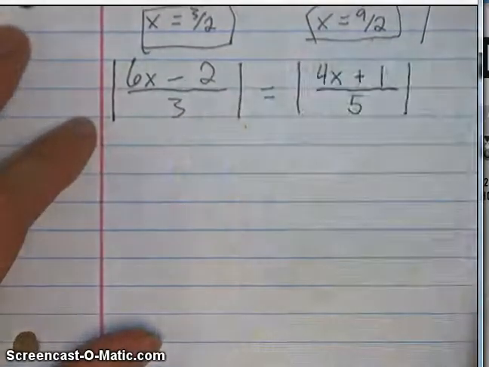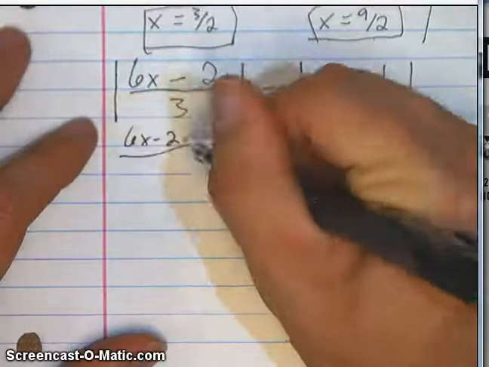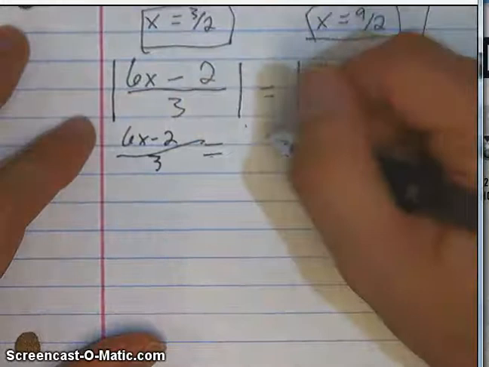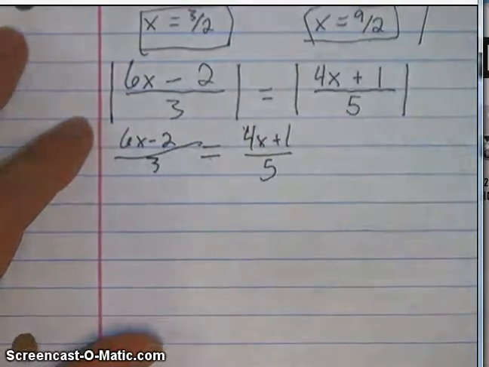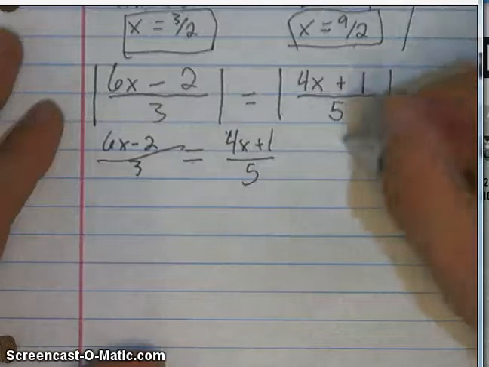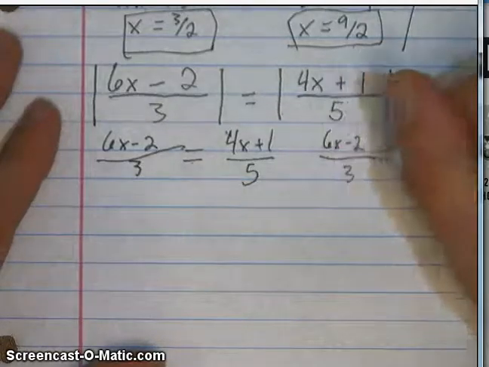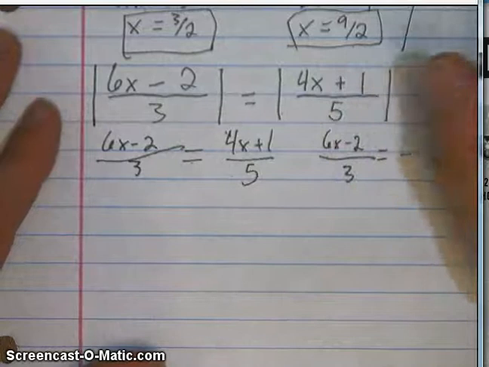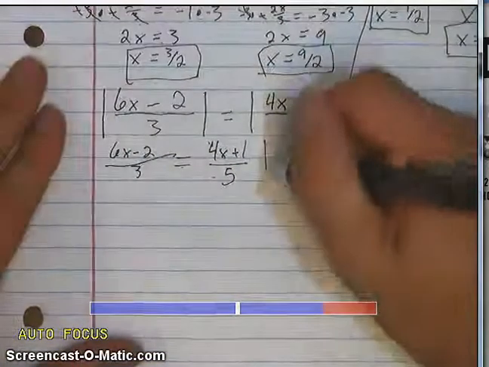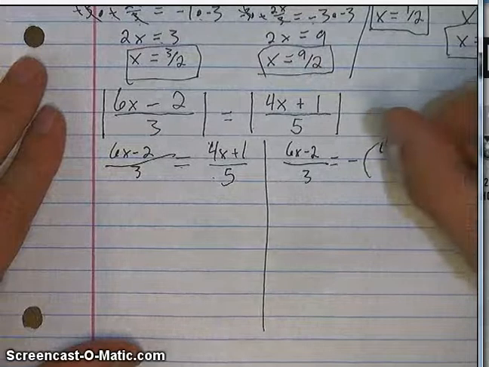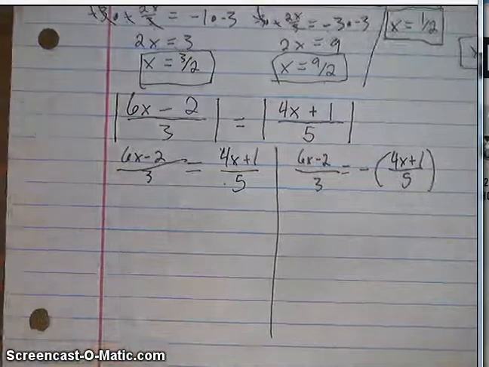So I'm going to break it into two equations. I've got 6x minus 2 over 3 equals 4x plus 1 over 5. That's one of the two. And the other one is 6x minus 2 over 3 equals, here's the positive, make the other one the negative, negative 4x plus 1 over 5, with a negative in there.